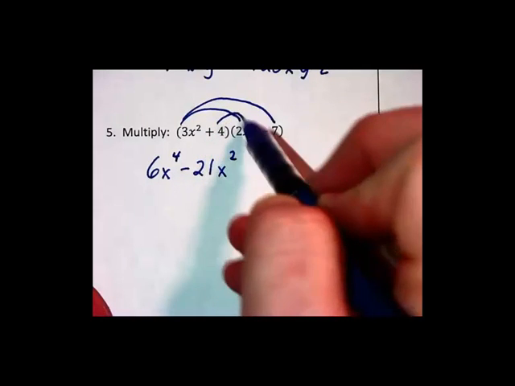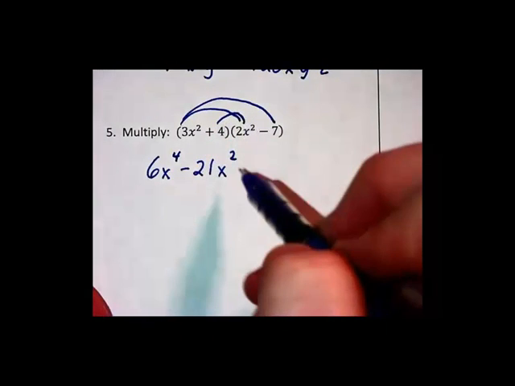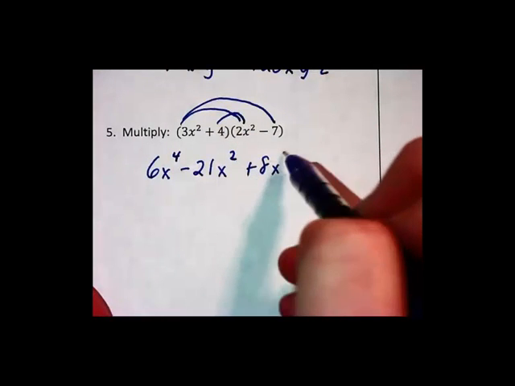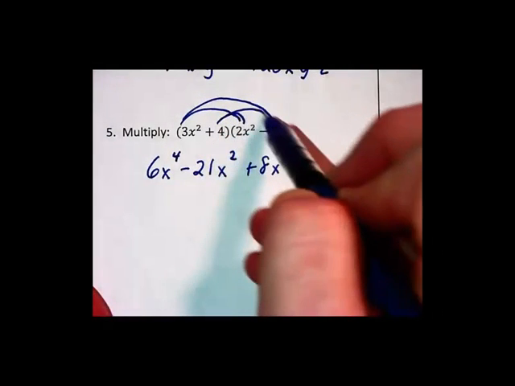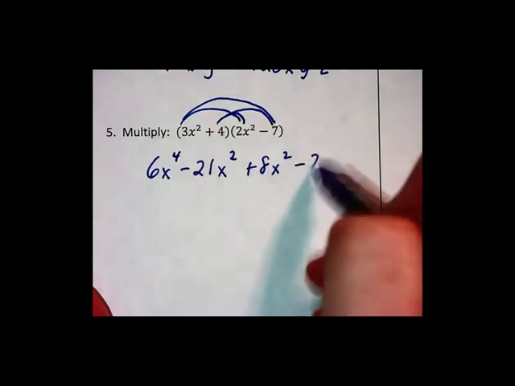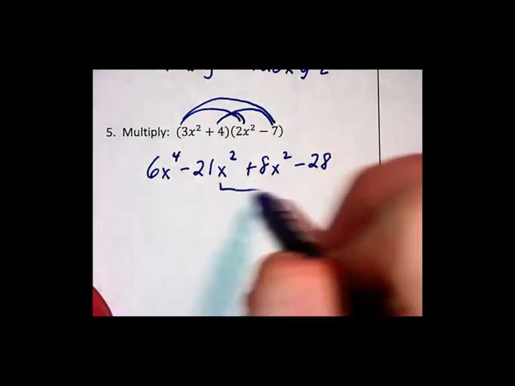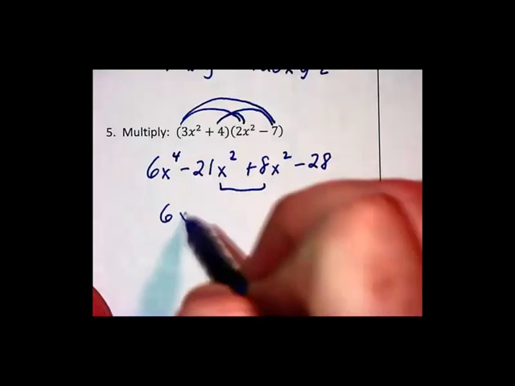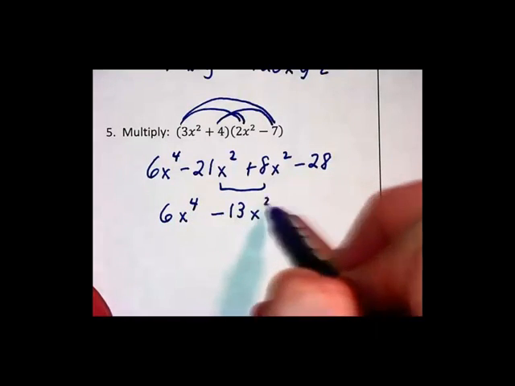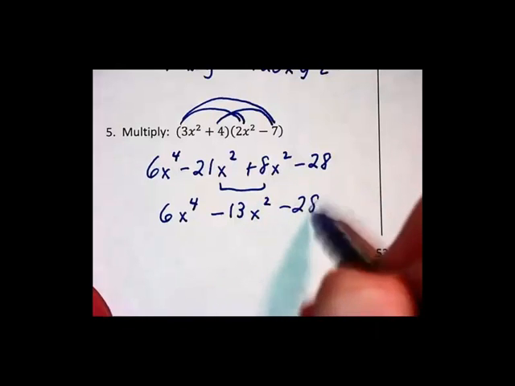The inner term has us multiplying 4 times 2x squared, which gives us plus 8x squared. And the L term, the last term of FOIL, has us multiplying the positive 4 and the negative 7 to make negative 28. Combining these middle terms, and we get 6x to the 4th minus 13x squared minus 28.